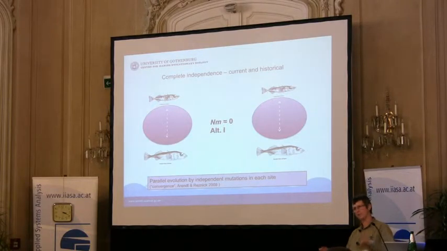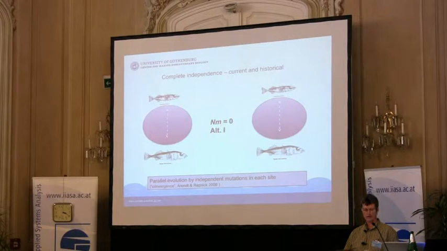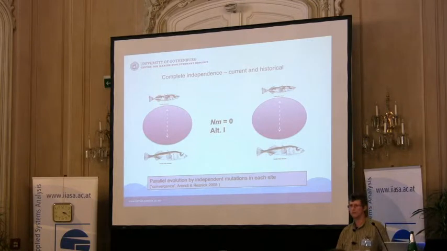If we can also go back in time and say that even during the recent history, these lakes have been separated for a long while, then the populations of the same ecotype living in different lakes must have evolved by something we may call parallel evolution, or we may call convergence.